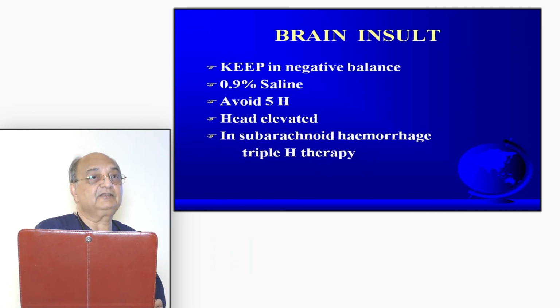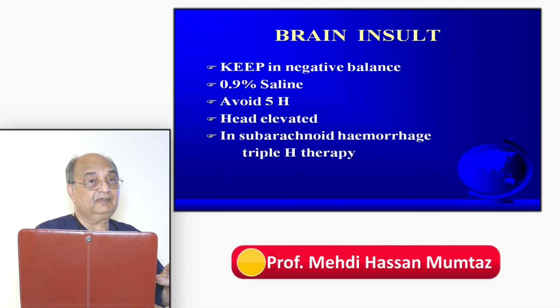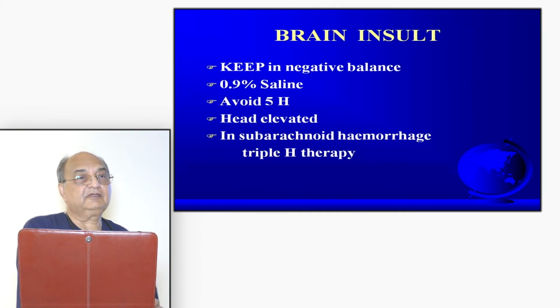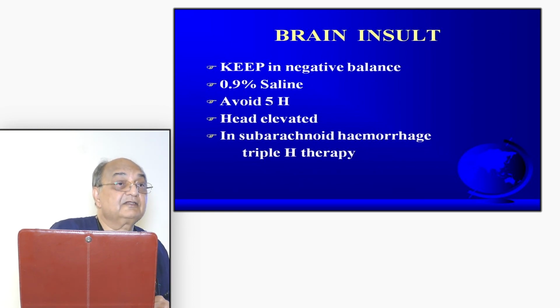Triple H therapy means you take the person into hypervolemia, induce hypertension and induce hemodilution. All these three factors, hypertension, hypervolemia and hemodilution, will increase the blood flow even if the vessels are constricted.